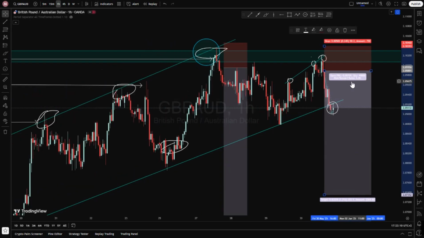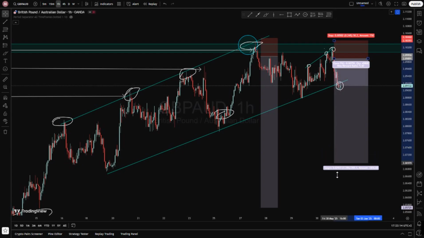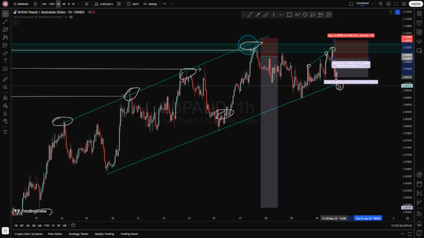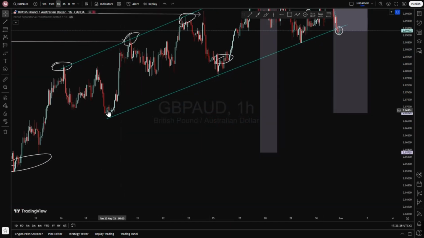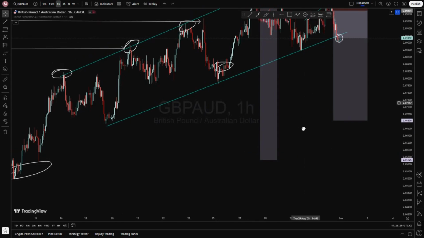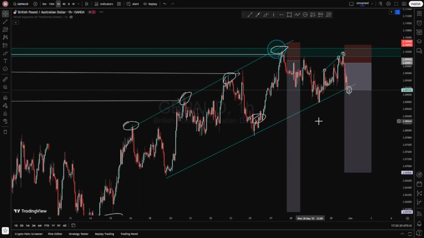And once again, our target is all the way down here. Before that, you can take TP1 from here and then TP2 from this level right here, and the last one is going to be our TP3. Sometimes you need to secure your profits, right?